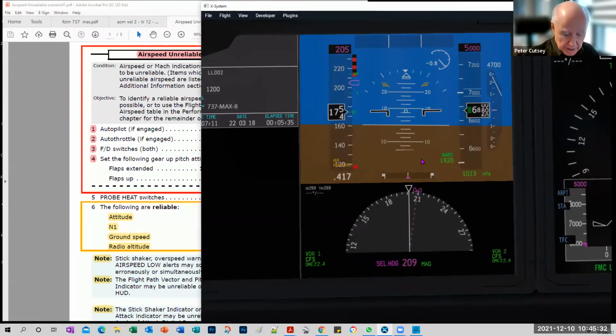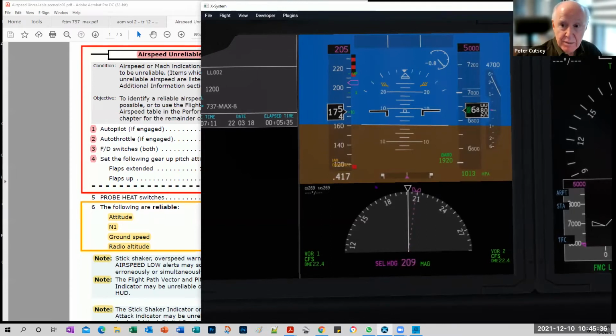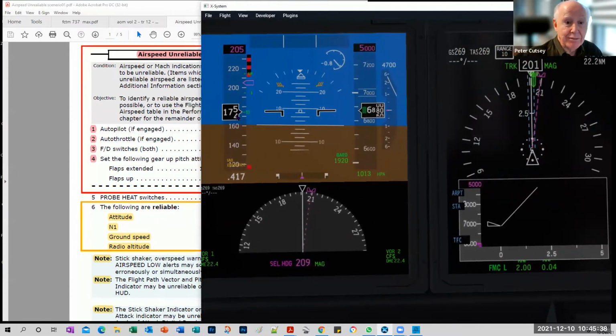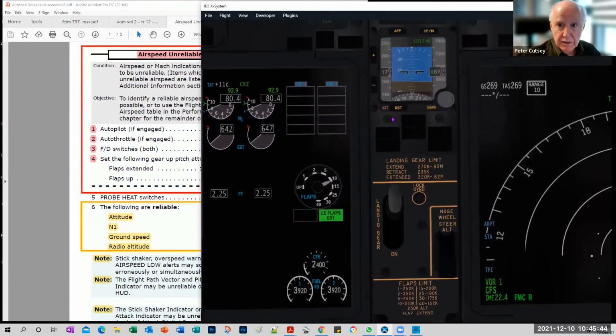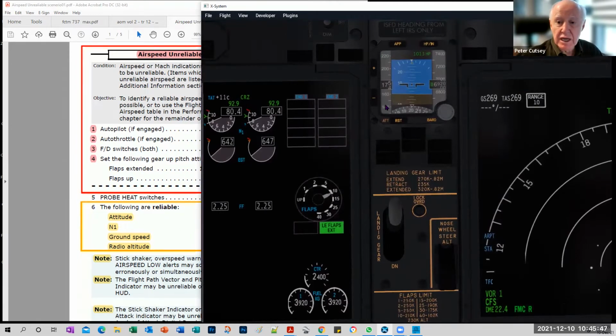Well, right away, we've completed the memory items. There's the captain's airspeed and altitude. And there is the ISFD, airspeed, altitude, and pitch.